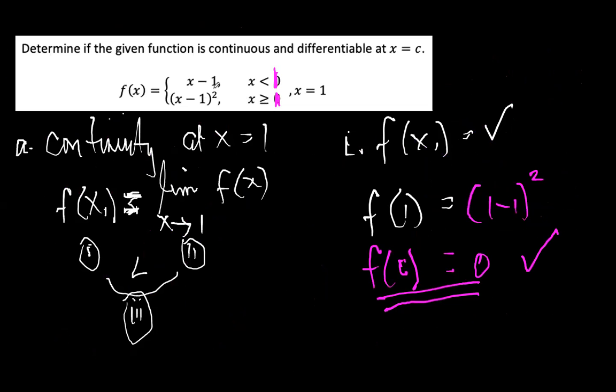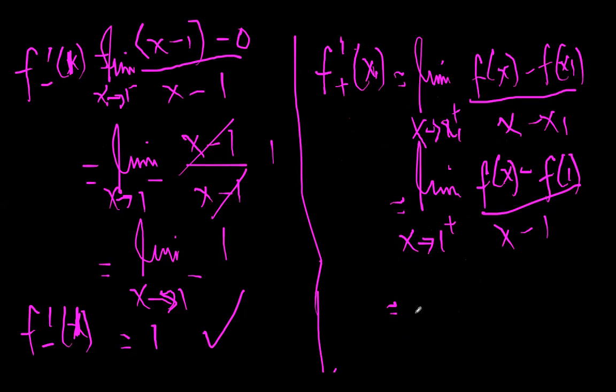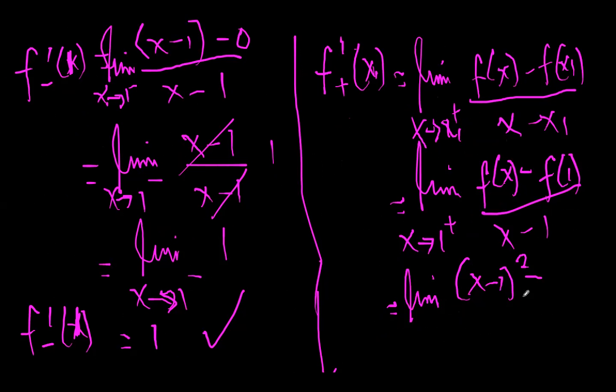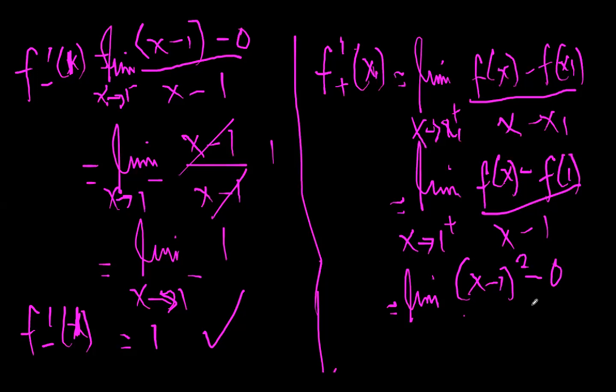Right side of 1, so that's x minus 1 squared, based on the given values of x that we're trying to use here. And what is f of 1 equal to? That's the function value, right? So the function value is equal to 0 because based on the given, we're going to use the first subfunction. So 0 over x minus 1 as x approaches 1 from the right.